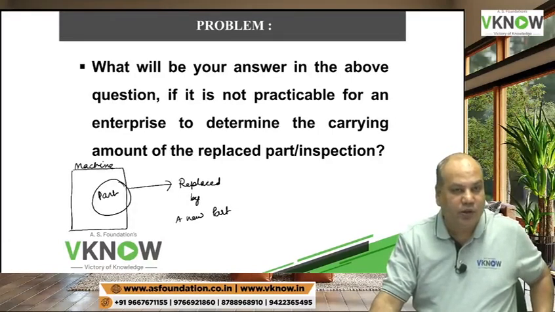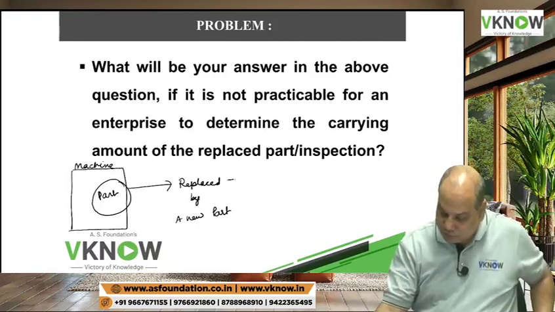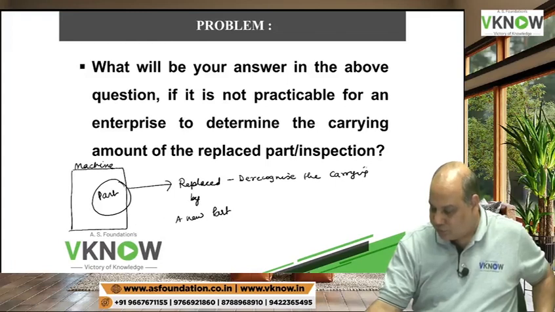A simple example would be a car. Car has a longer life, the tire may have a shorter life. So what I have to do, the standard says, de-recognize the carrying amount of the old part.